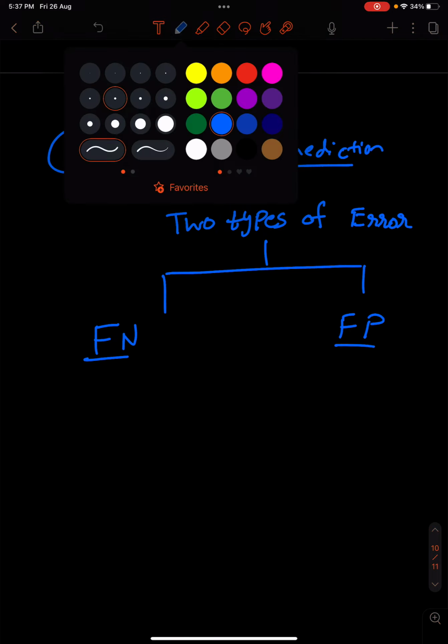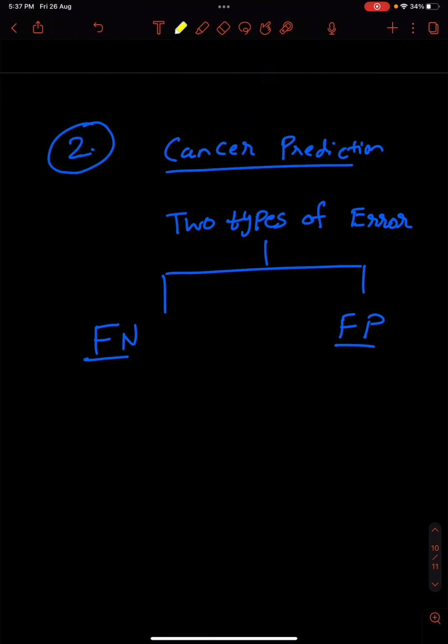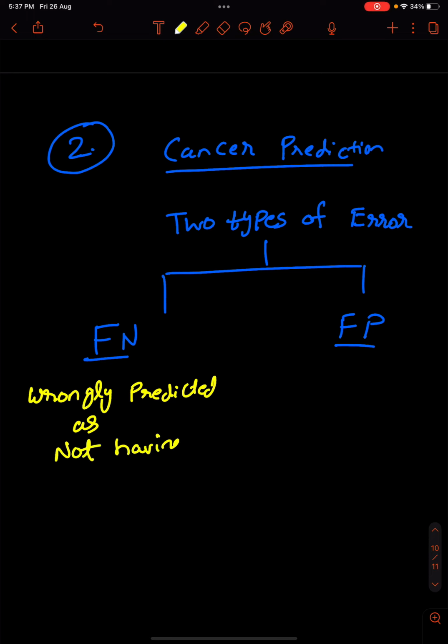False negative means wrongly predicted as not having cancer. This is clearly false negative, right? Negative means not having cancer, but it is false. The prediction is false, which means actually he has cancer, right?